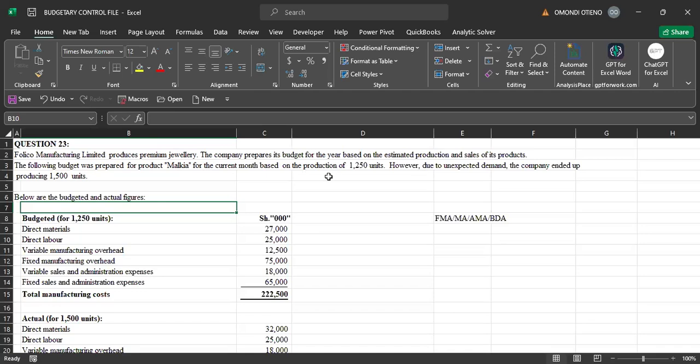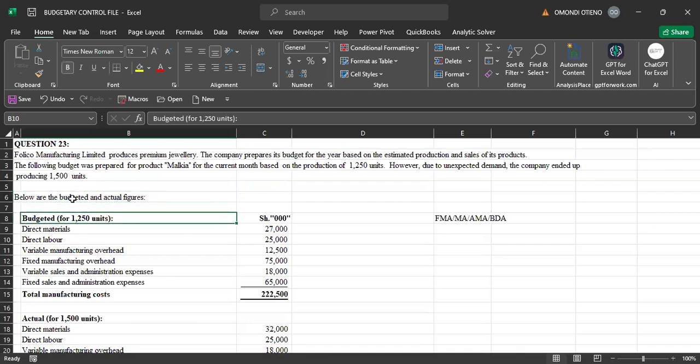However, due to unexpected demand, the company ended up producing 1,500 units. So this is a situation whereby we have a difference in actual production and the budgeted production. So for us to be able to match these two and identify the differences or the variances, we must do what we call flexing of the budget.